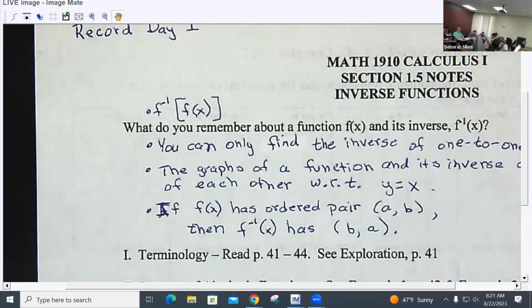We take the function f of x and put it into the inverse function. What should we always get? They should undo each other and give us back the original x.